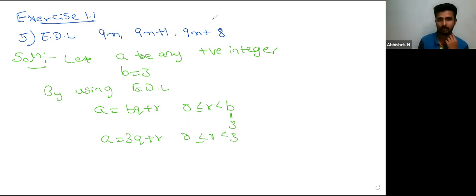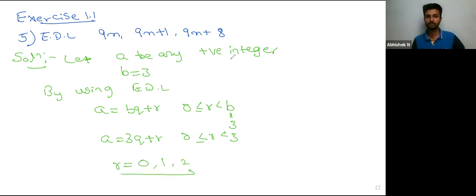And we can give r the value 0, 1 or 2. So these three values can be given, right? Getting this?